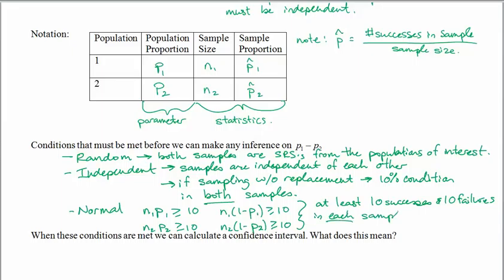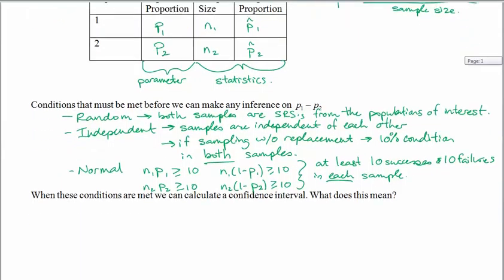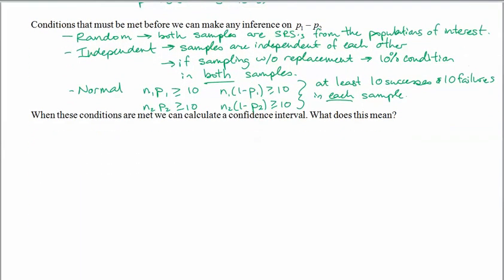All right. So how do we do the two-sample proportion inferences? When these conditions are met, we can calculate a confidence interval, or we can do a hypothesis test. So what does this mean?